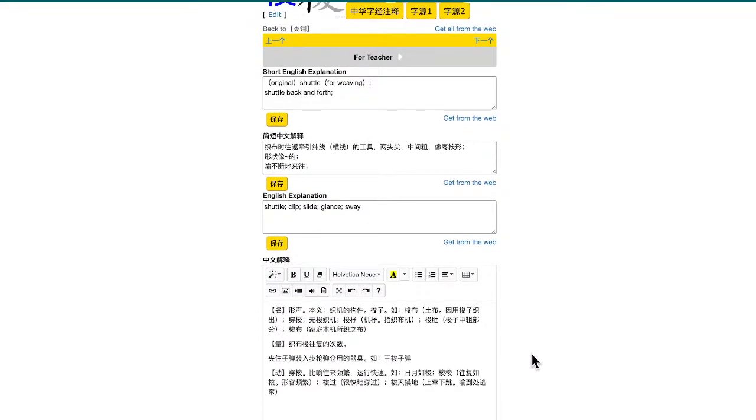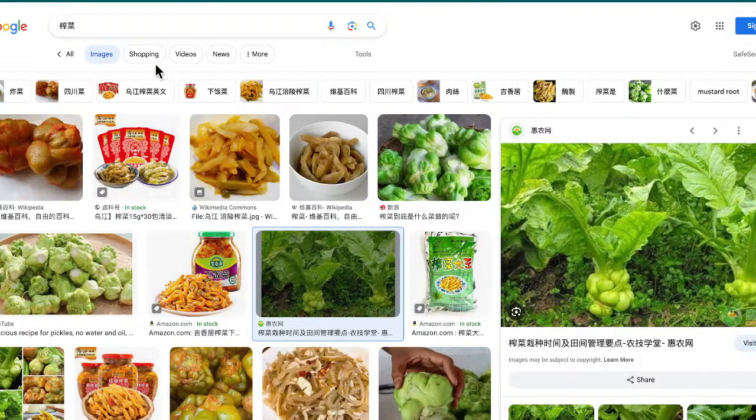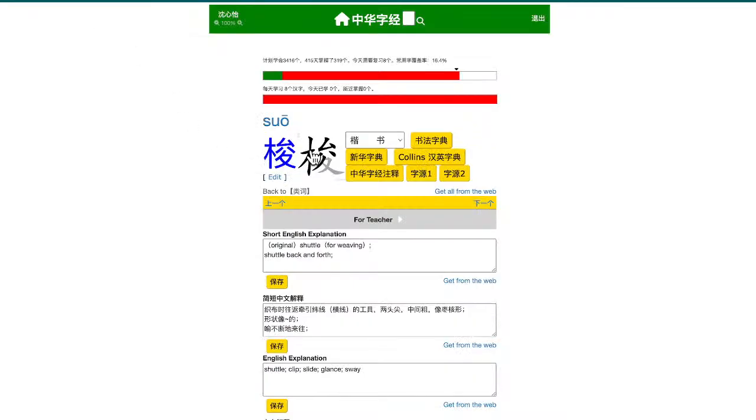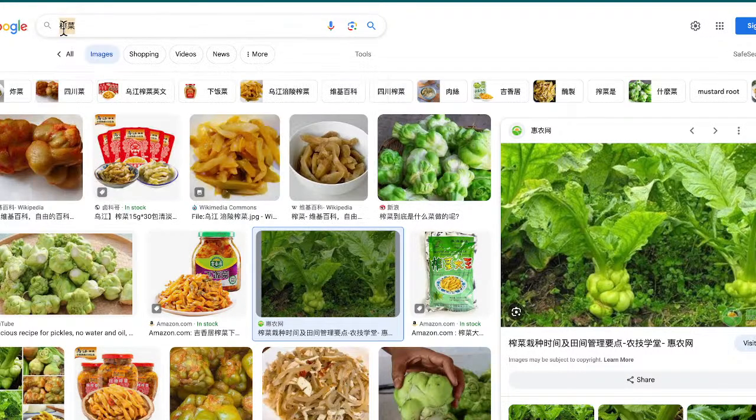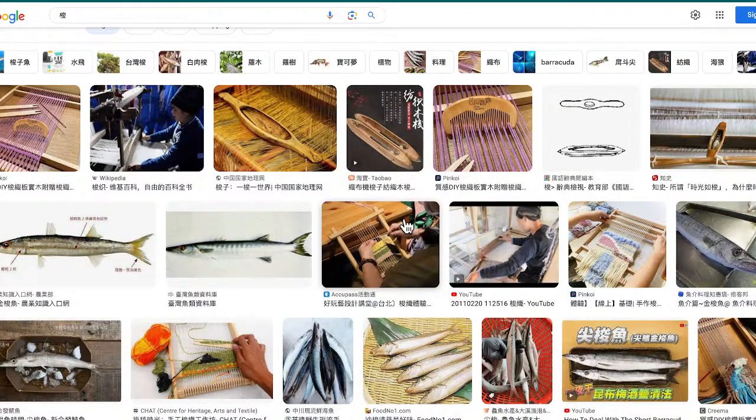If you think about hand operated weaving machines, you will see these 梭. Threads go there, and then you throw this thing back and forth to weave. So this is called 梭.